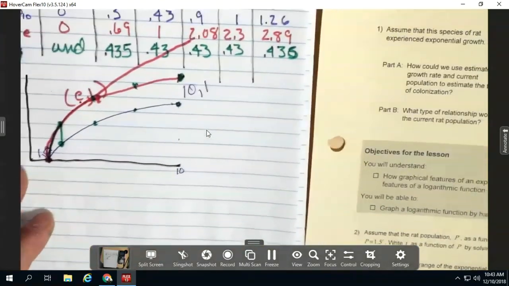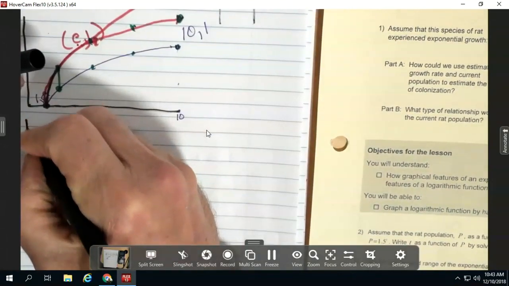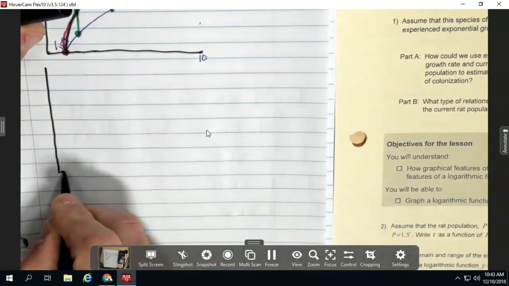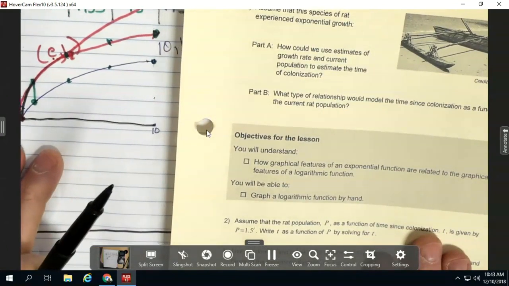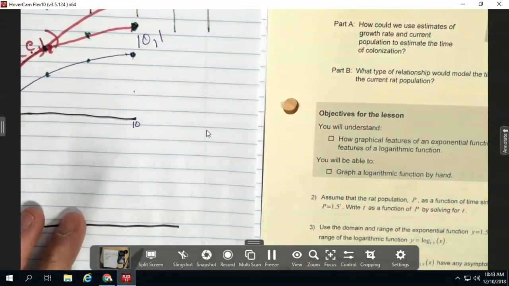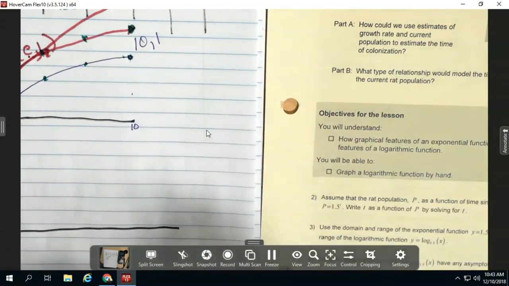Assume it experienced exponential growth. How could we use estimates of the growth rate and current population to estimate the time it took for colonization?